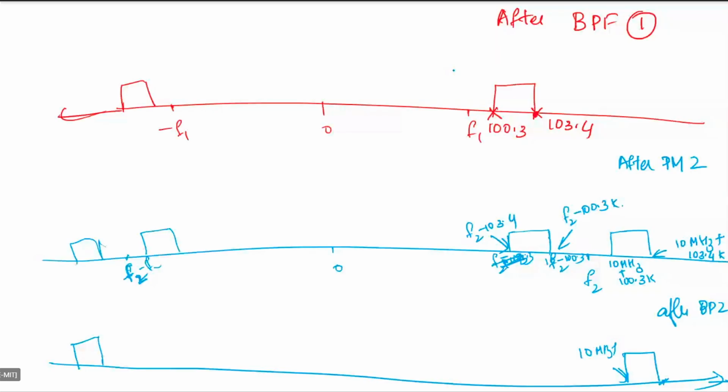So, case 1 or part 1, bandpass filter 1, the pass band should be equal to this width. The pass band width should be the difference between 100.3 and 103.4. This should be the pass band, and this should be the guard bandwidth.